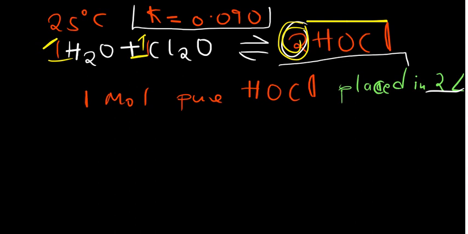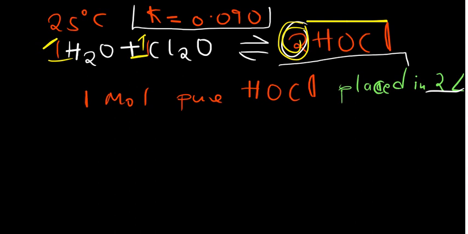As you come up with your ICE table, in this case, this is a reversible reaction. So you can consider the other side now to be the reactant side. That's very, very important for you to understand. You have two options, but I wouldn't want to complicate your work.